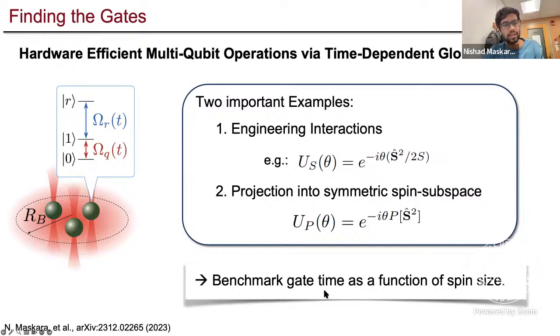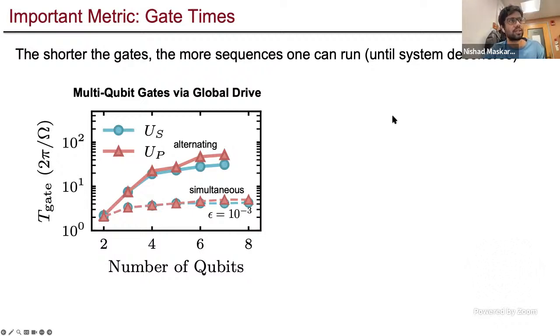And we're going to illustrate this pulse optimization procedure by benchmarking the optimized gate time as a function of spin size. So the general mantra is that the shorter the gate is, the more sequences you can do before the system decoheres. So you want to be able to implement your operation in as short a time as possible.